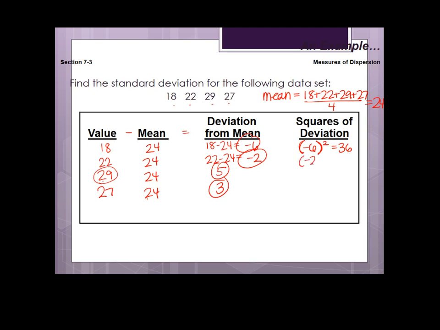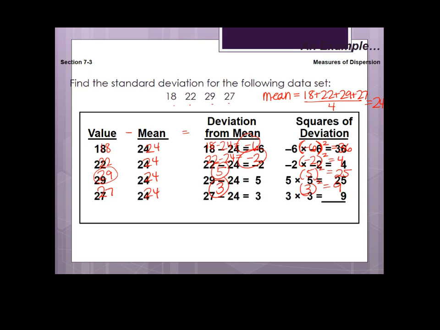Here, -2 squared is 4, because that means times itself, right? So this was a -6 times a -6. That's what squaring means. This was a -2 times a -2. 5 squared is 5 times 5, which is 25. 3 squared is 3 times 3, which is 9. Okay?